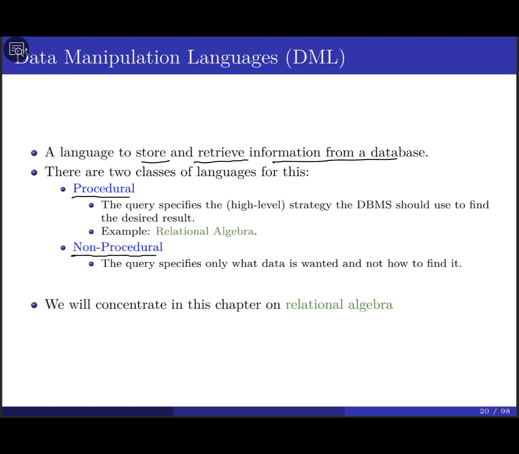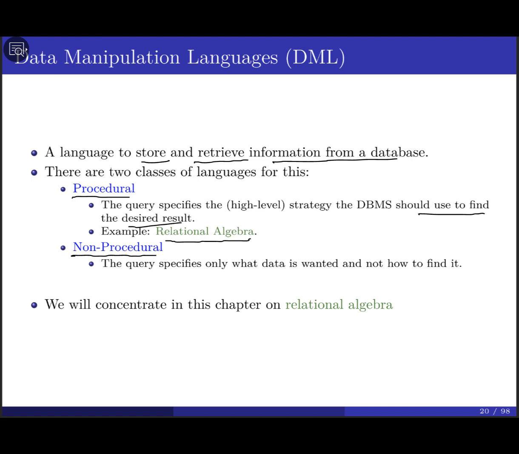Non-procedural, or declarative, language means you just tell me what information you're looking for, but you're not going to tell me how to get there. We leave this to the database management system. It's like you say, take your time, figure out the best way to find or give me this result. The procedural one specifies at a high level what you need to find and also how you get this result.